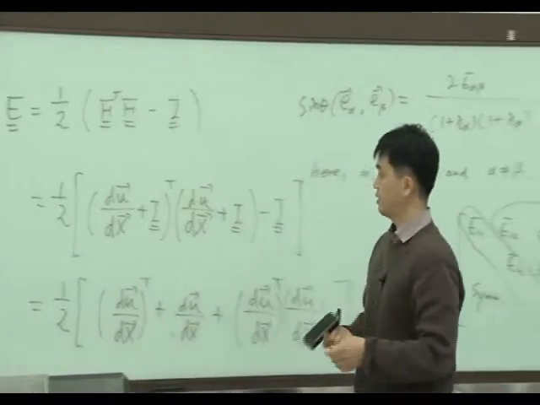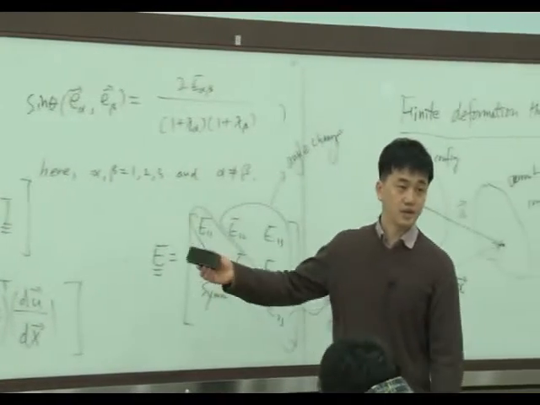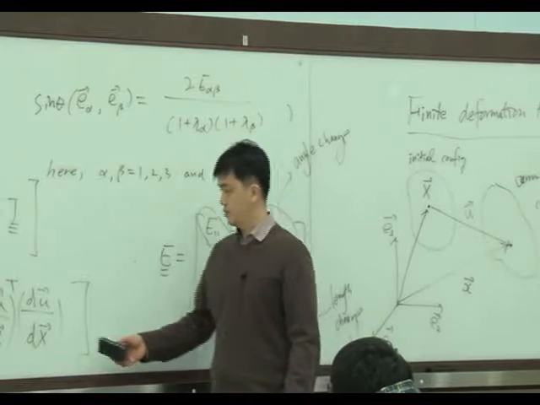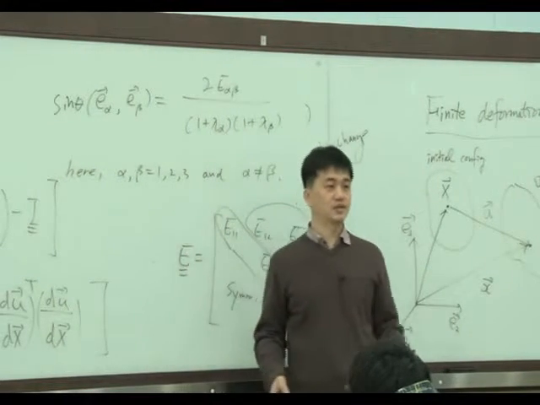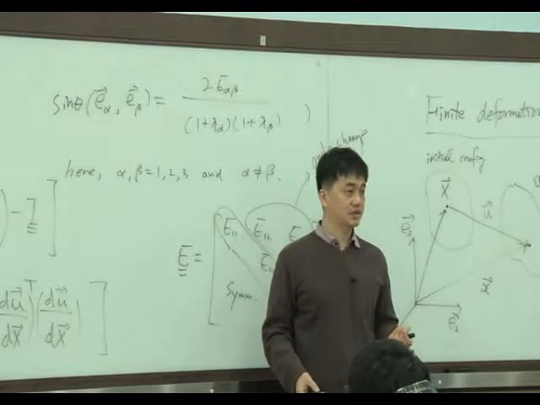So the Green-Lagrange strain tensor can be written by displacement u instead of current position x, right?